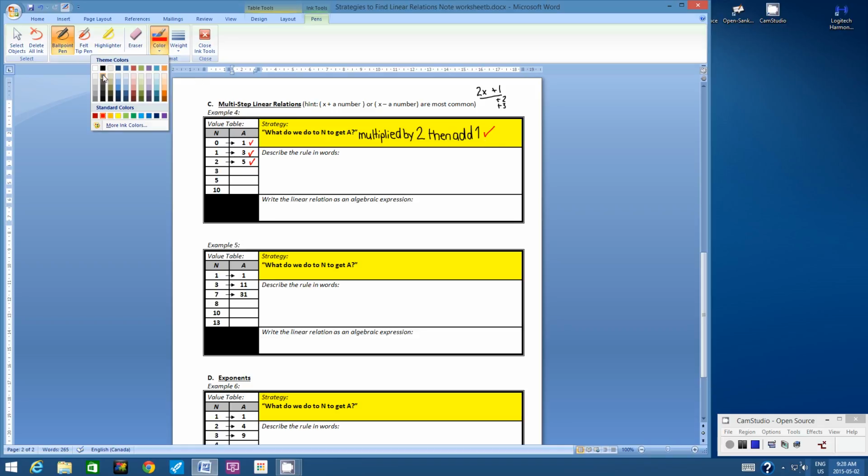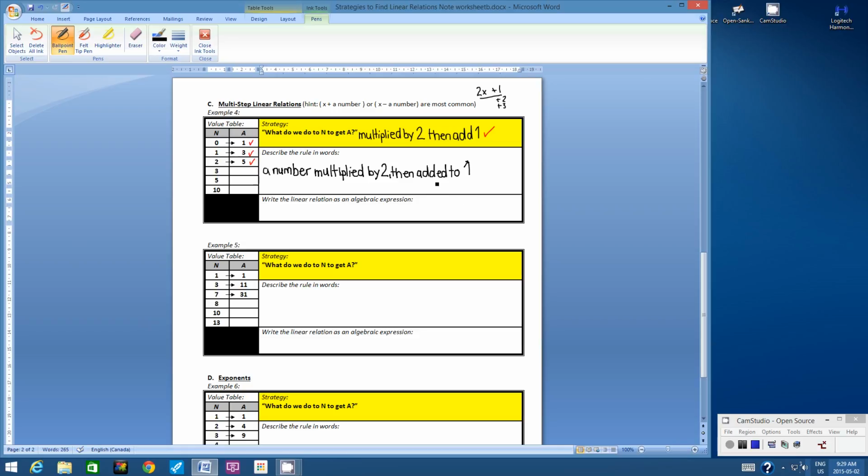Okay, all right. Now let's describe the rule in words. Well, we almost already did up here. The only thing we have to add really is that we start with a number, a number multiplied by 2, then added to 1.